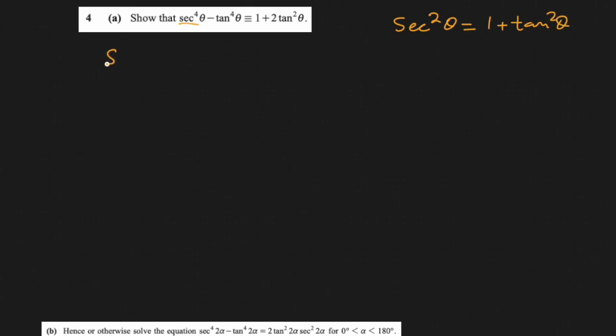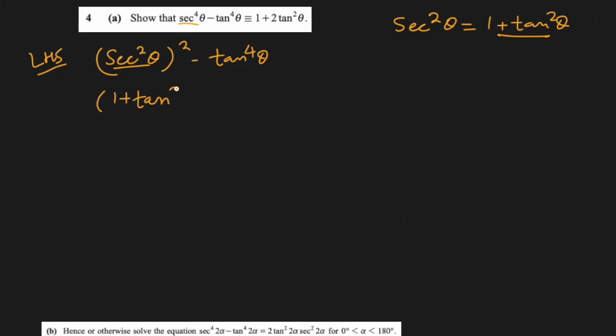So secant to the power 4 can be written as (secant squared theta) squared. I'm talking about the left hand side here, minus tan to the power 4 theta. Now secant squared theta can be replaced by 1 plus tan squared theta, squared, minus tan to the power 4 theta.